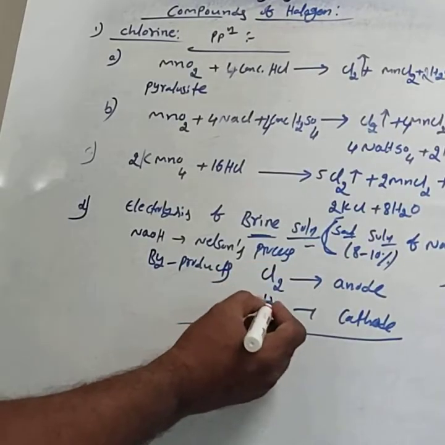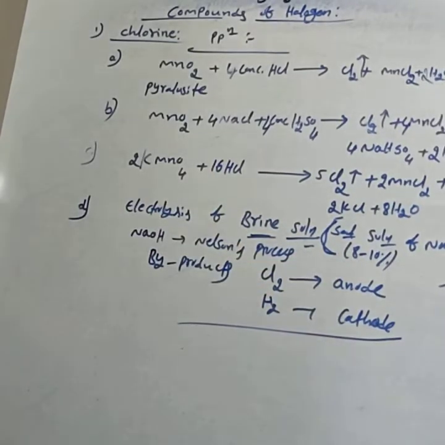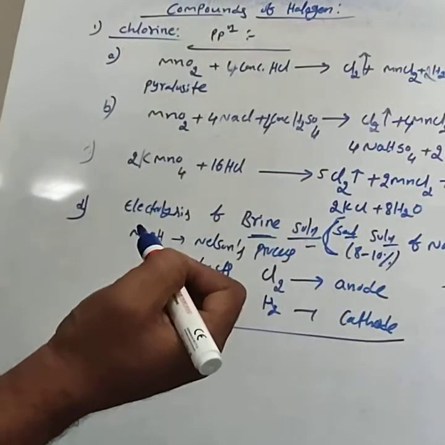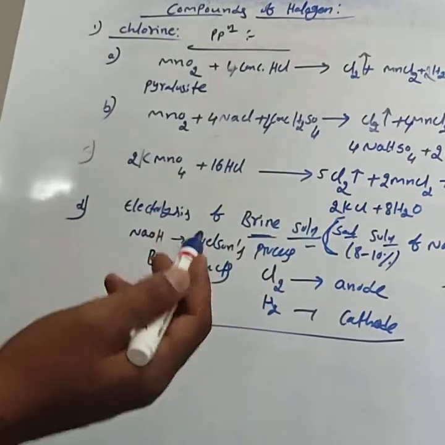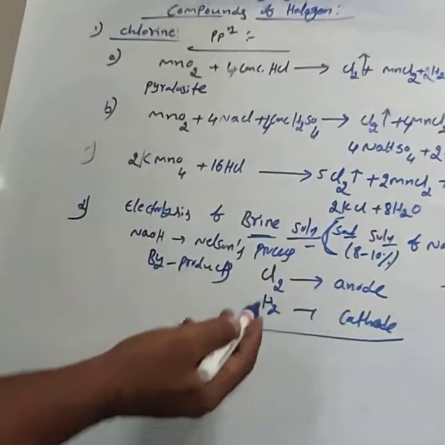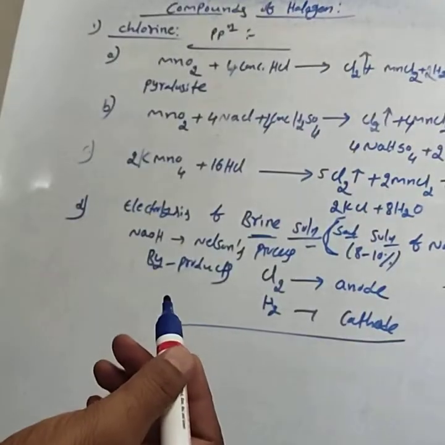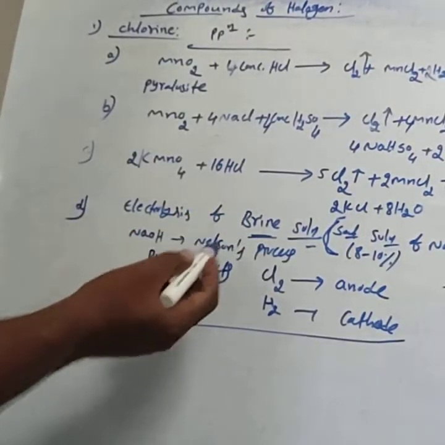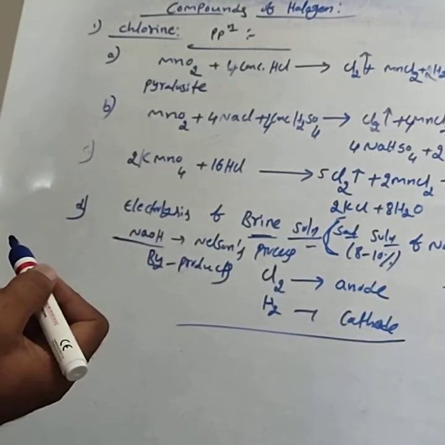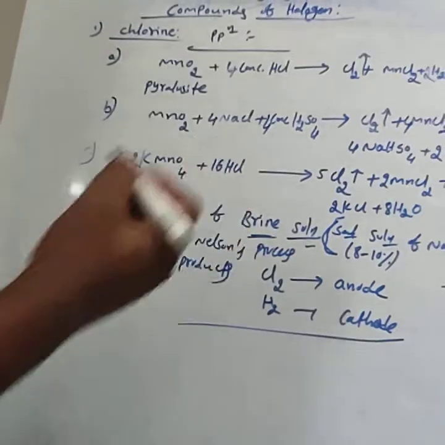Hence here you only have to write the theory. This is about the preparation of dichlorine by electrolysis of the brine solution. It is generally used for the manufacture of caustic soda, NaOH, by Nelson's process.